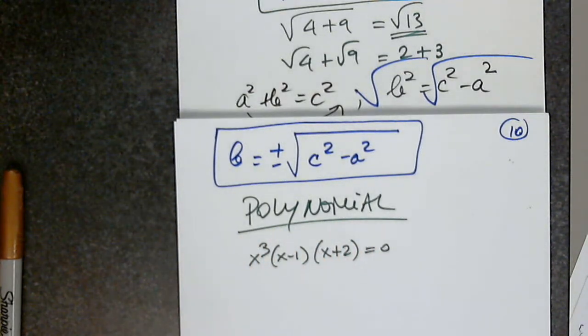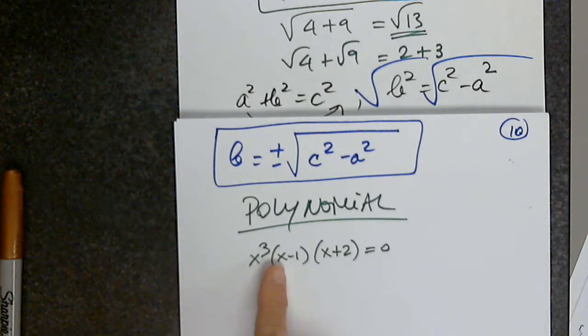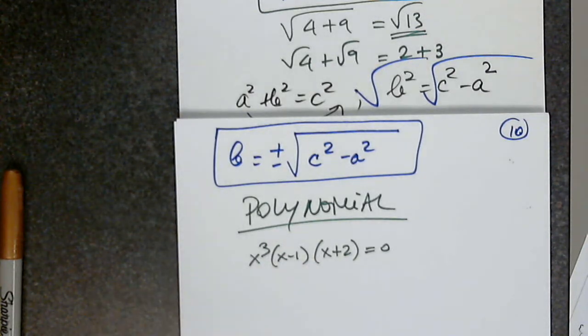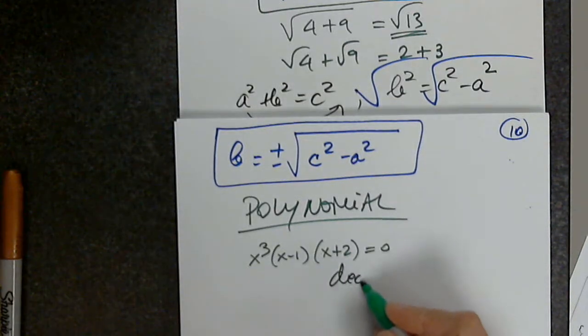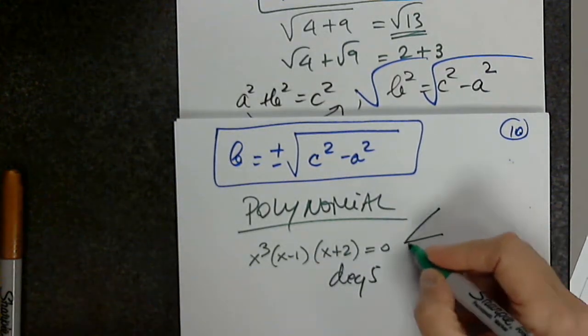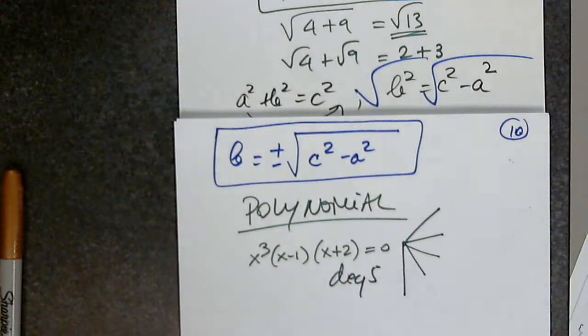Because when you say degree n, then we have to come up with the same number of solutions, even if they repeat themselves. 5. X squared times x cubed will be x to the 5th power. So this equation is a polynomial. It has degree 5, and it has to have 5 solutions.